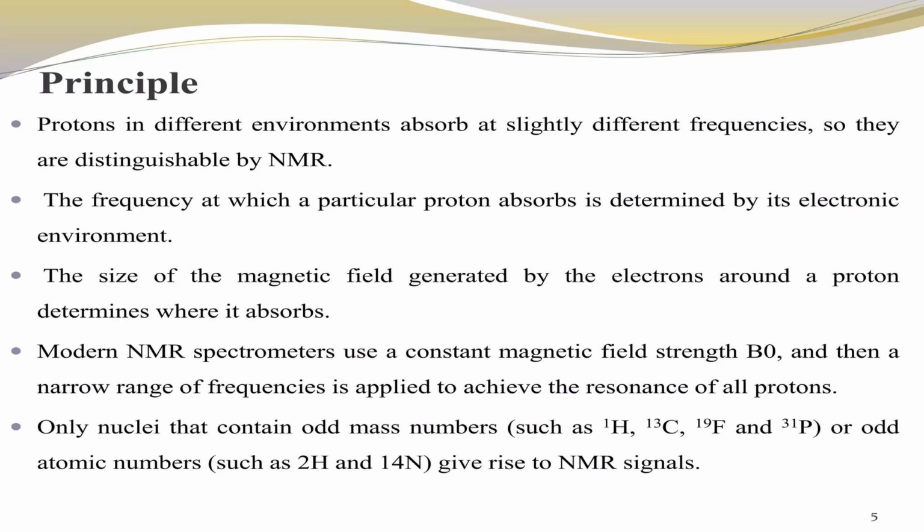Only nuclei that contain odd mass numbers, such as 1H, 13C, 19F, 31P, or odd atomic numbers, such as 2H and 14N, give rise to an NMR signal. This is the overall principle of NMR working, and it applies across the types, but we are mainly focusing on proton NMR.